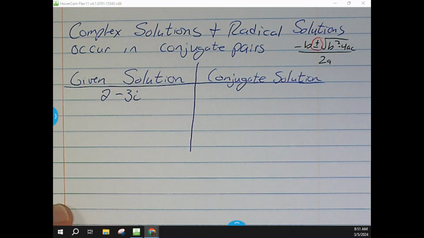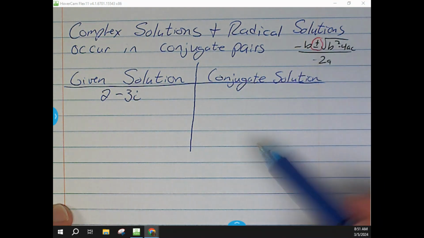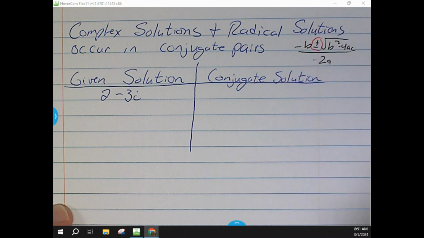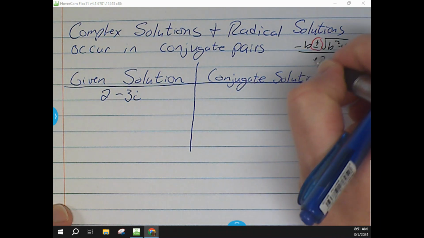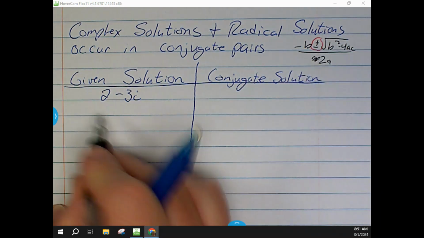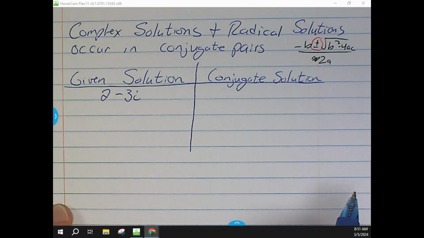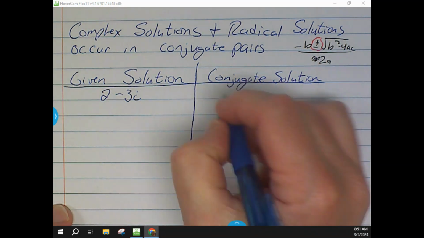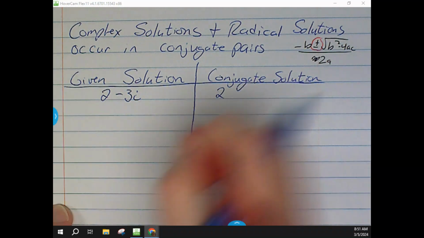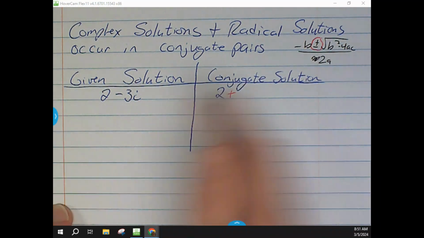Okay, so let's say we're going through, we have to use the quadratic formula. We actually get this thing out, and we get 2 minus 3i. So if I ask for a conjugate solution, it's going to be 2 and then plus 3i.